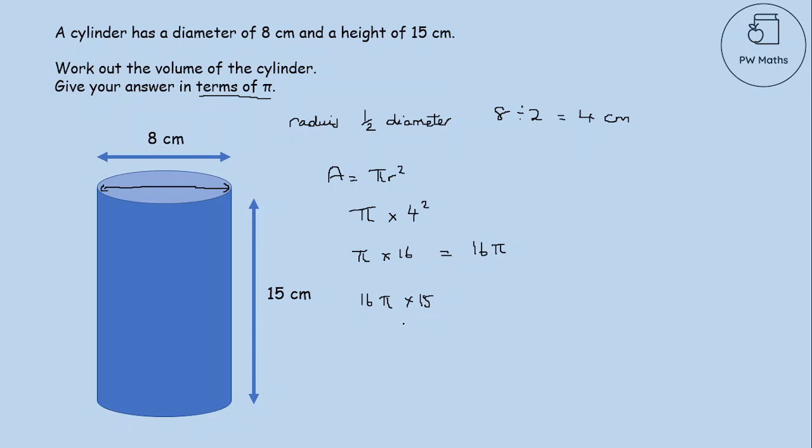I'm going to partition it because I find it easier. 10 times 16 pi is 160 pi, and 5 times 16 pi is half of 160, which is 80 pi. Add the two together for 240 pi, and that's it. I've finished the question because I've been asked to leave it in terms of pi, so I need to leave it like that.